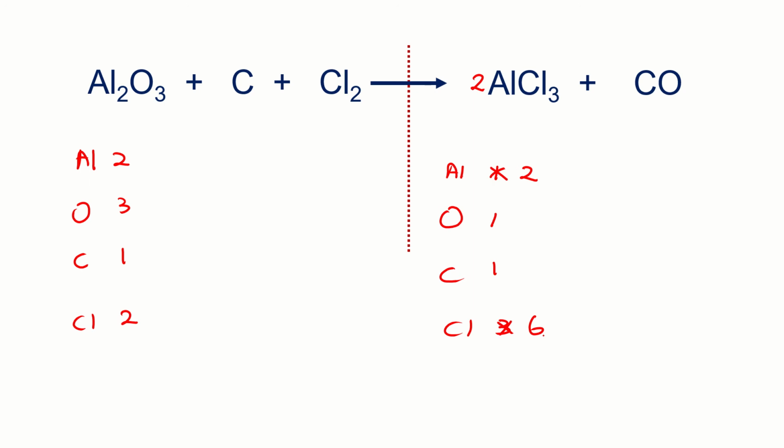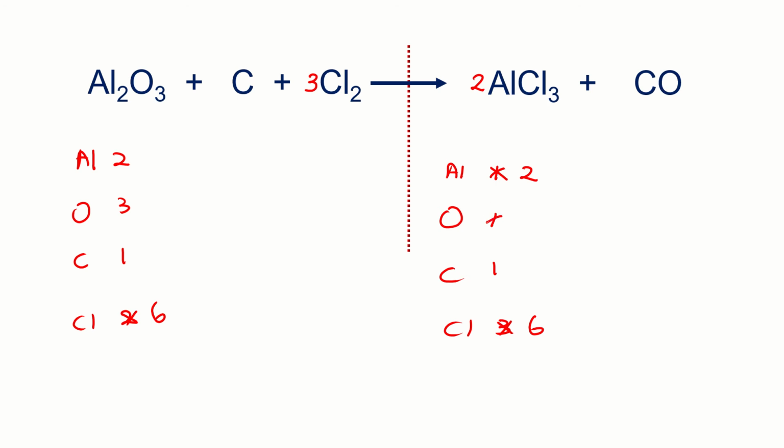If you are going to have 6 chlorines on this side, you should have 6 chlorines on this side too. How do you get 6 chlorine? Put the coefficient 3. 3 multiplied by 2, you get 6. Now that part is solved. Now let's see what else is remaining. You have oxygen, how many? 3, but on this side you have only 1.